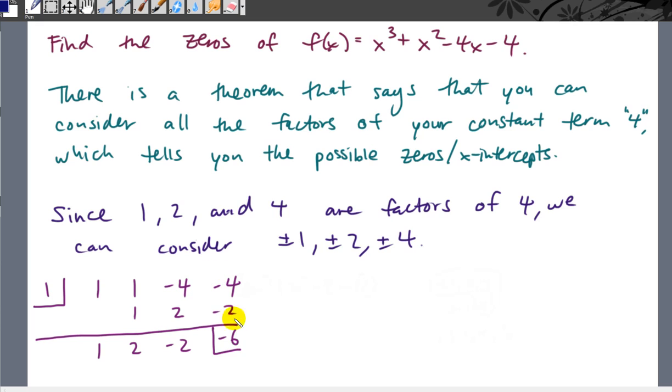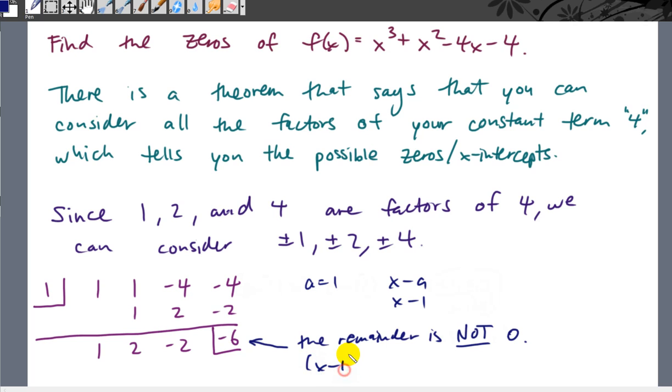Now I'm going to write something here just to help you out. You see here, the remainder is not 0. Recall that this 1 means a is 1. So if we have x minus a, we have x minus 1.